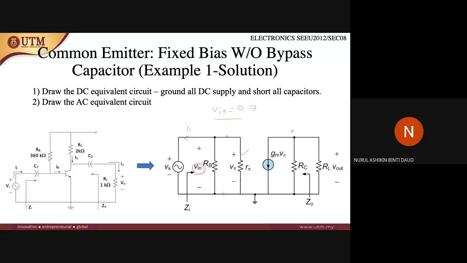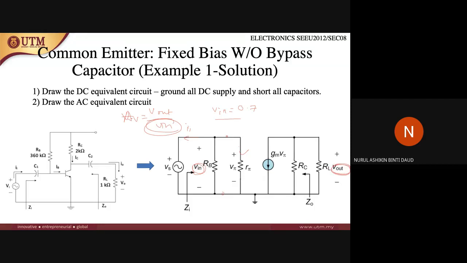Okay, once you know the value of V in, to get the voltage gain AV, which is V output over V in, since we know the value of V in is 0.7, we can also get the value of V out.